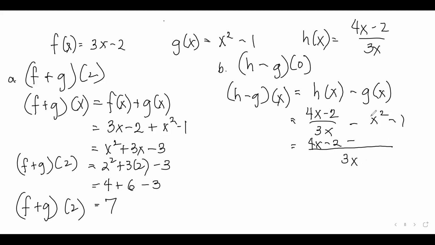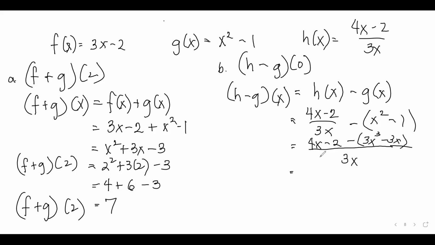Diba? Minus, naka-parenthesis pala to class kasi minus. Minus 3x times x squared, that would be 3x cubed. Minus 3x times negative 1, that would be negative 3x.